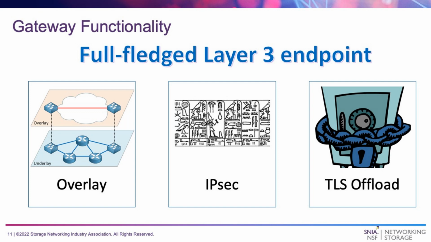You may want to run BGP on your xPU. So that's not a functionality in the data path that gets offloaded, but still it's a pretty heavy functionality that's taken over by the xPU.